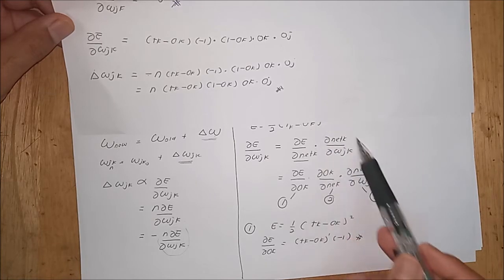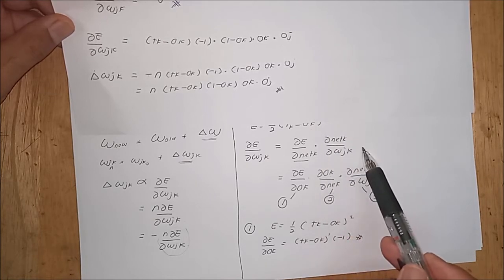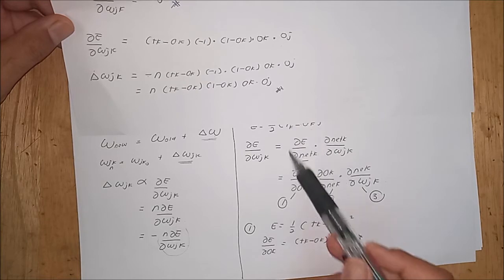If we omit d net k over dWjk from the equation, we are left with dE over d net k.